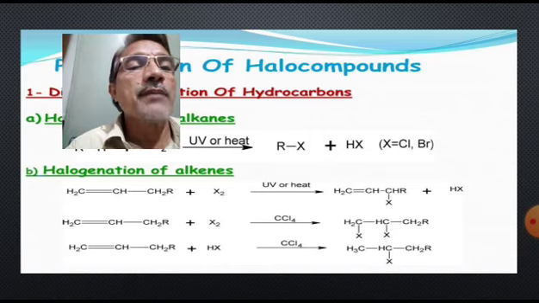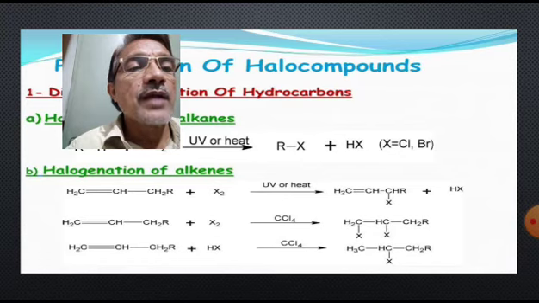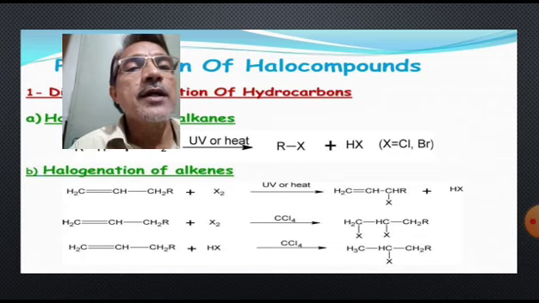Third example, when an alkene reacts with hydrogen halide in the presence of CCl4, we get haloalkane. Anyhow, haloalkene, 1,2-dihaloalkane and haloalkane can be obtained by the halogenation of alkenes.